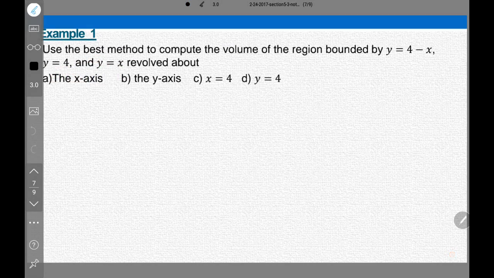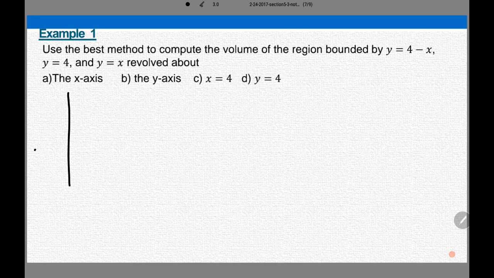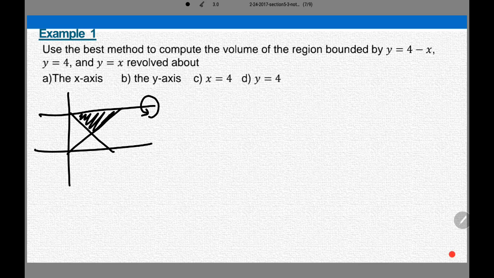So, and then one last one. We have the same region, except this time we're revolving around y equals 4. So y equals 4 is our axis of rotation.